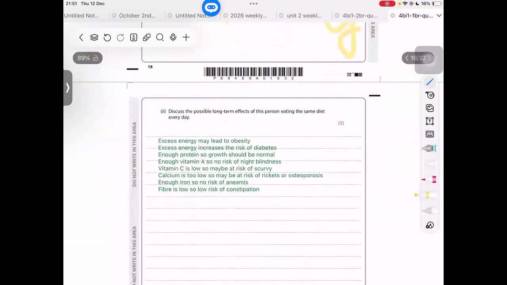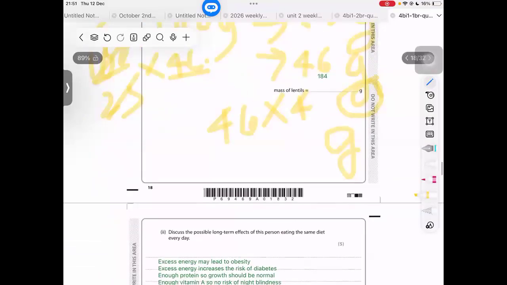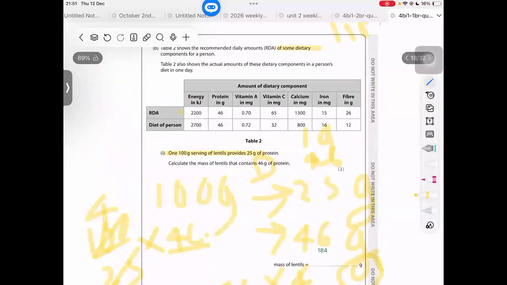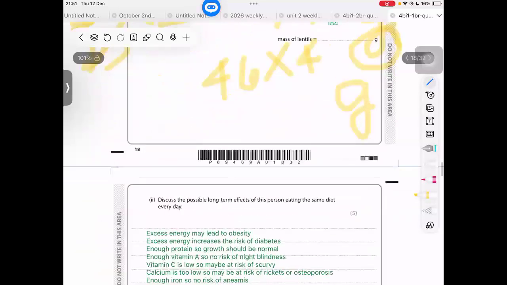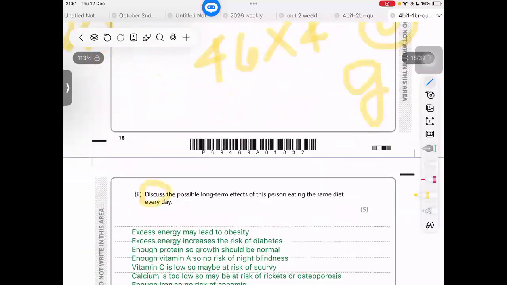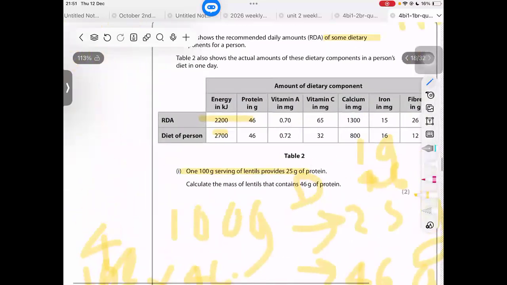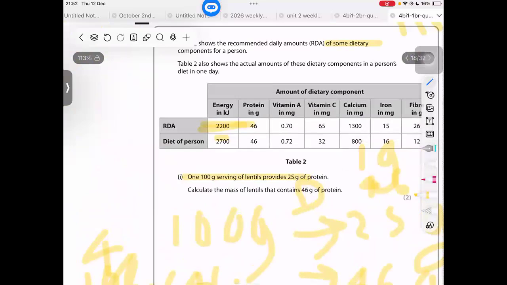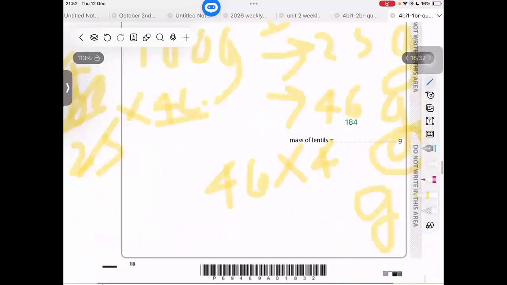Right. Discuss the possible long-term effects of this person eating the same diet every day. Okay, this is the recommended daily value, 2200 kilojoules. But look at this, here they have used the word discuss. So you are allowed to write your opinions in this, right? The RDA value, the recommended daily value, is 2200. But the diet he is taking in consists of 2700 kilojoules.